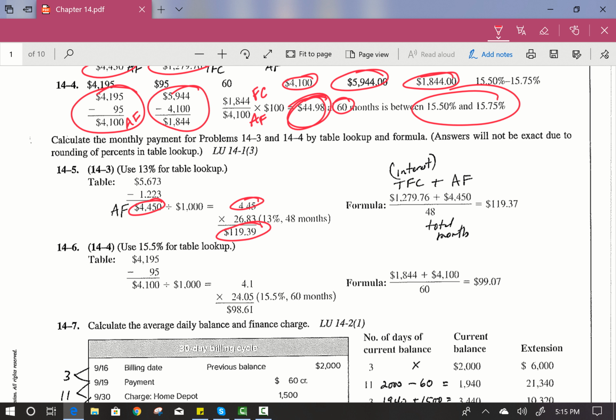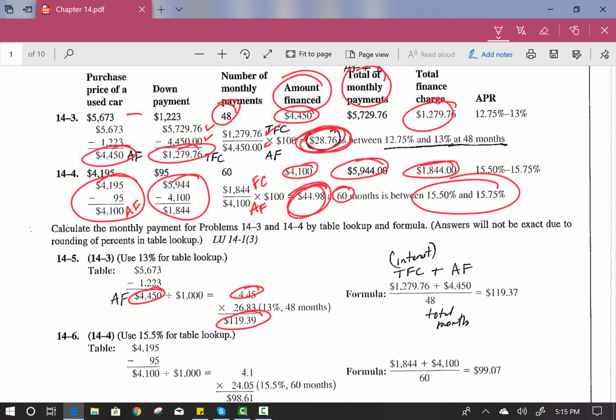Okay, if I want to calculate the monthly payment based upon number 3, all I'm going to do is take the total of all of my monthly payments. Okay, let's go up so I can see number 3 right there. The total of all my monthly payments, which is $57.29 right there. $1,279.76 is your total finance charge, plus the amount financed is $44.50.